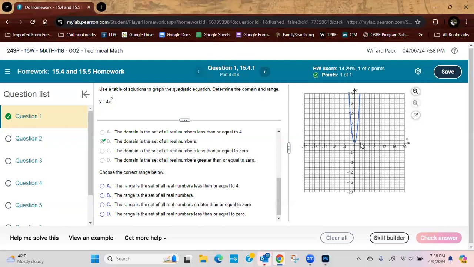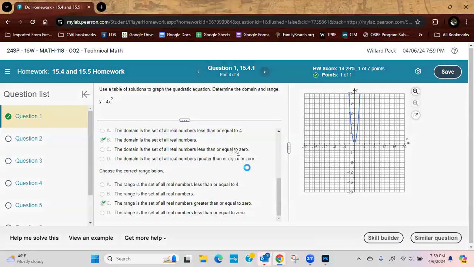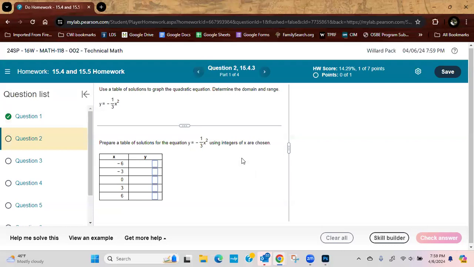So I want y to be greater than or equal to 0. And if I just look to the right of the answers, I only see that or equal to 0 in the bottom two. One of those is greater than or equal to 0. The other is less than. Well, we're above 0, so that's greater. So I'm going to pick that one and check my answer. And it's correct.